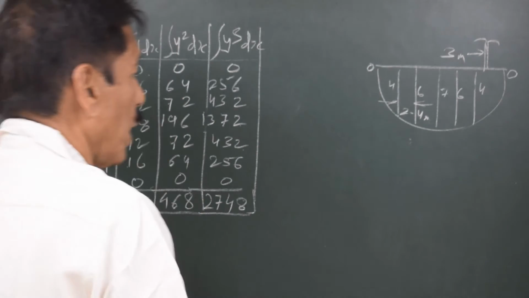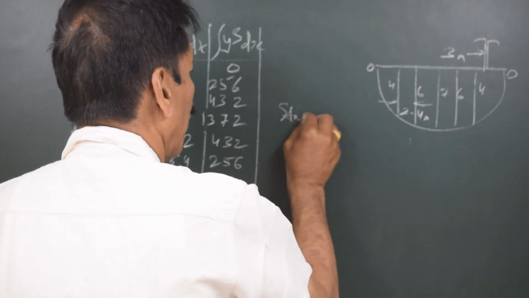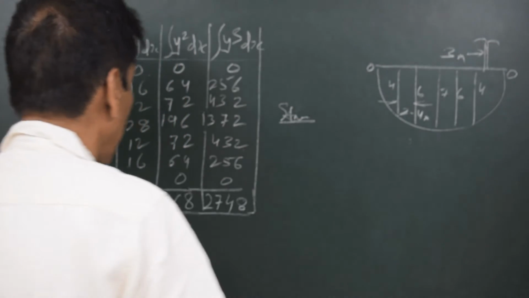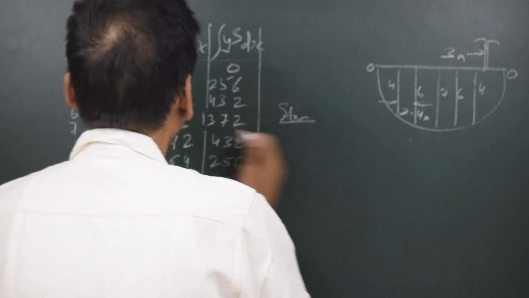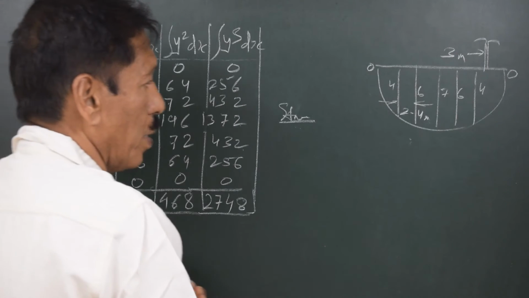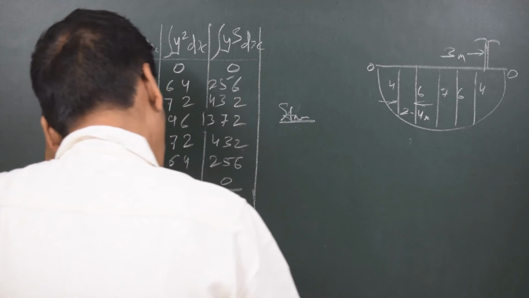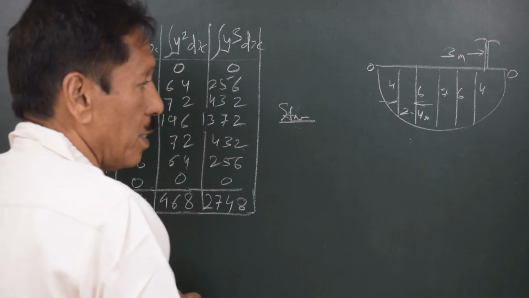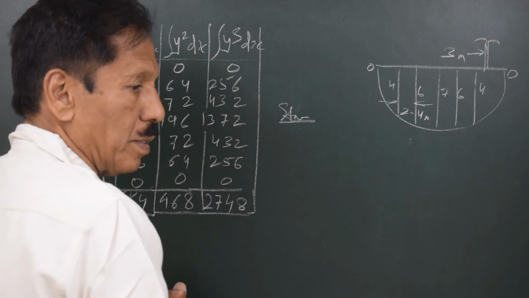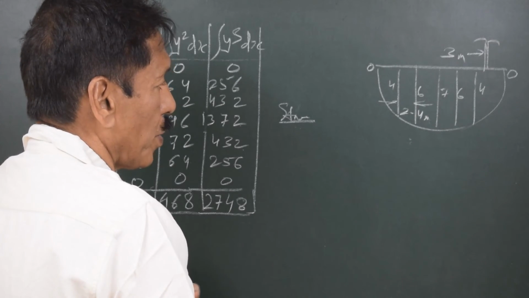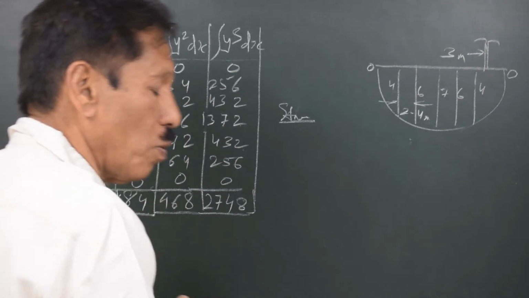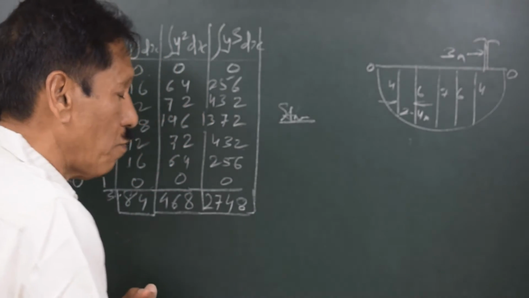Now the area of the bulkhead, that is the curvilinear part, is found as, because we are using rule number 1, the h by 3 rule.